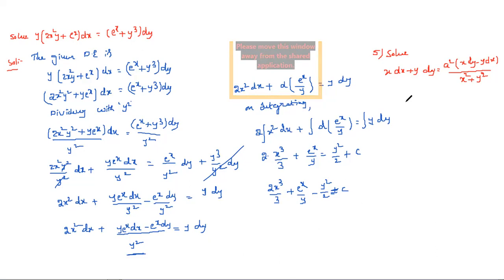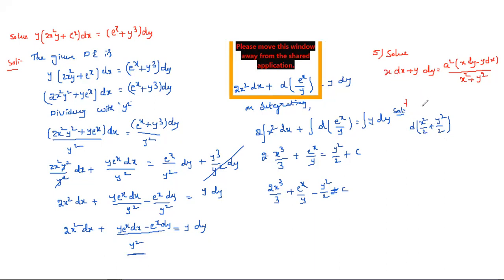So this is the given differential equation, and now can you write this one as the derivative of x² by 2 plus y² by 2, right? Are you getting the same or not? The derivative of x² is nothing but 2x.